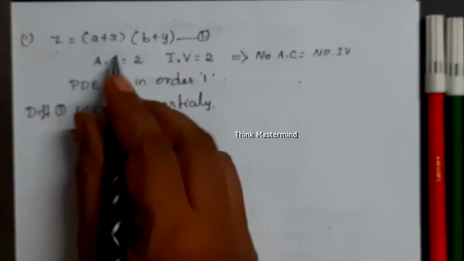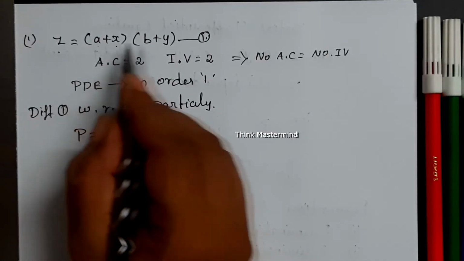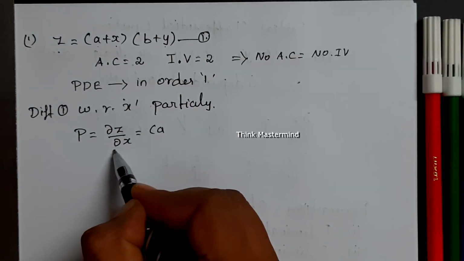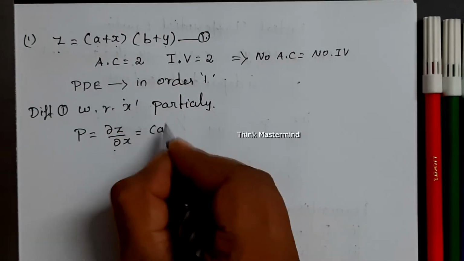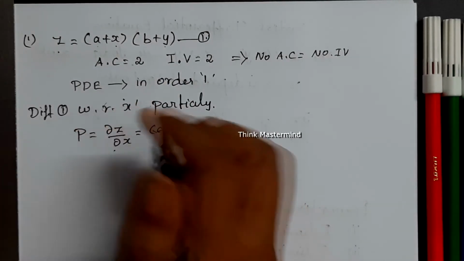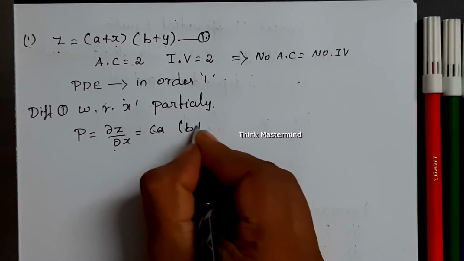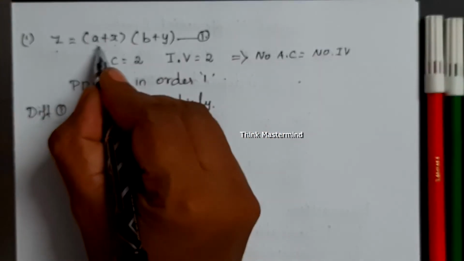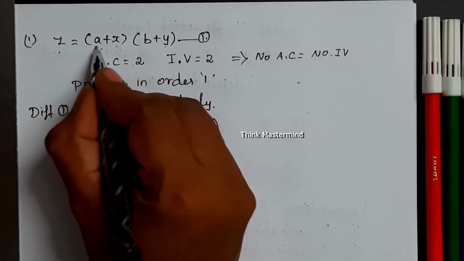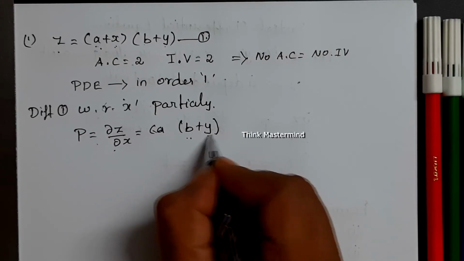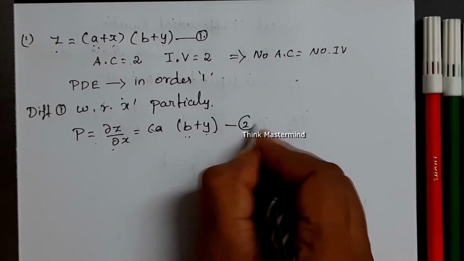Using the uv formula, here x is a variable, y is considered as a constant because we are differentiating with respect to x. Differentiation of a is 0, and of x is 1, so you get b plus y. Using the product rule, I consider this term as a constant and differentiate this: a gives 0, x gives 1, so your output is p is equal to b plus y. Take it as 2.